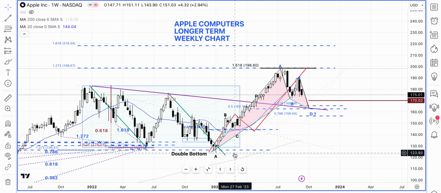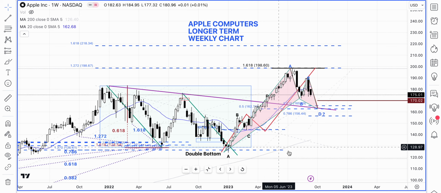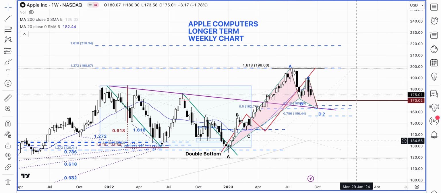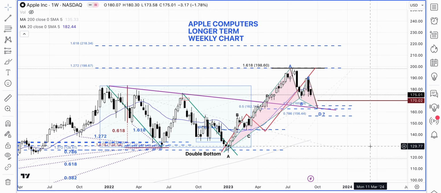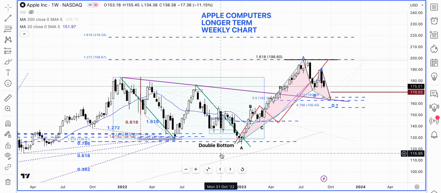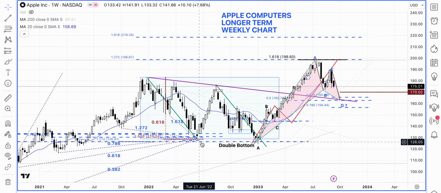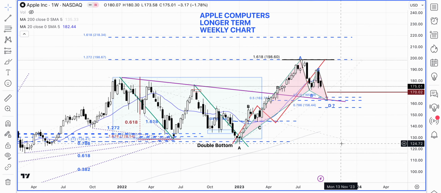Longer term, what is really important for the stock is this $120 per share level. It's really important because there are so many confluence levels that come together here. As long as the stock remains above that, we are positive on the stock.